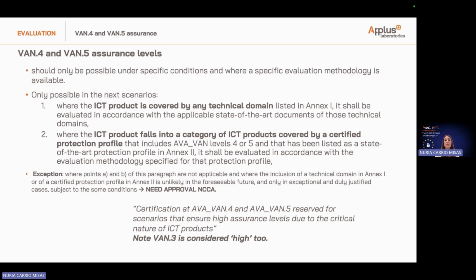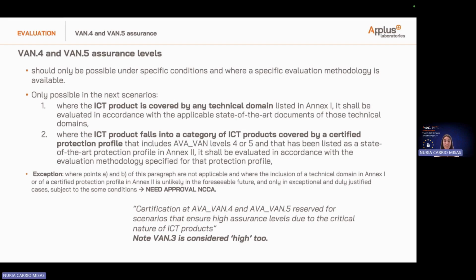And second, when the ICT product falls into the category of products covered by a certified protection profile that includes levels 4 and 5, and they have been listed, of course, as a state-of-the-art protection profile, okay? Any other exception needs to be approved by the NCCA, but these are the common rules to follow.